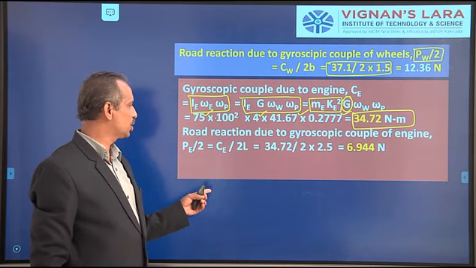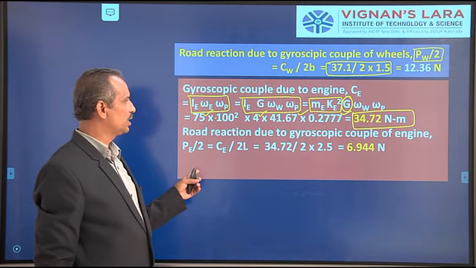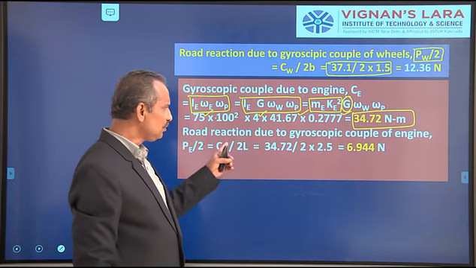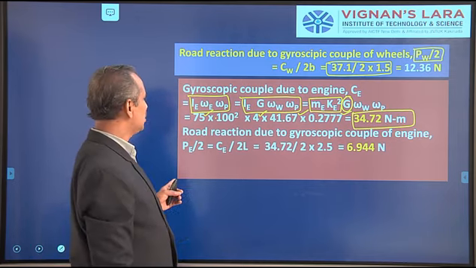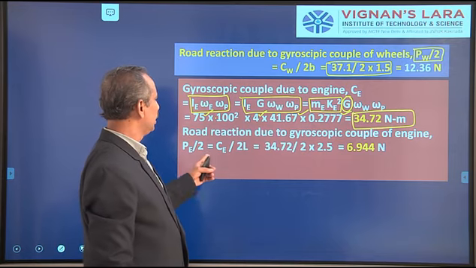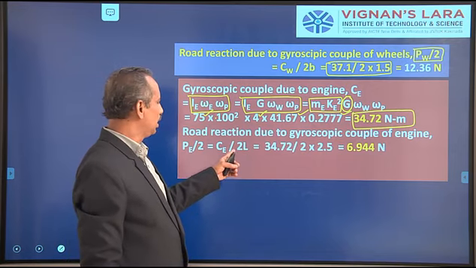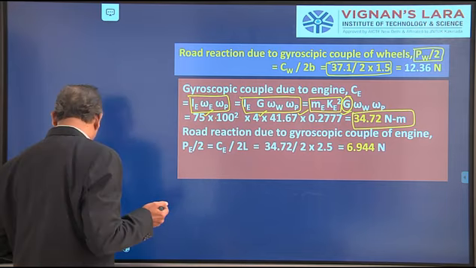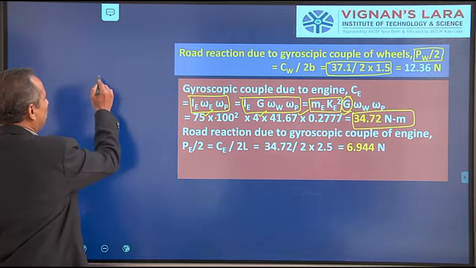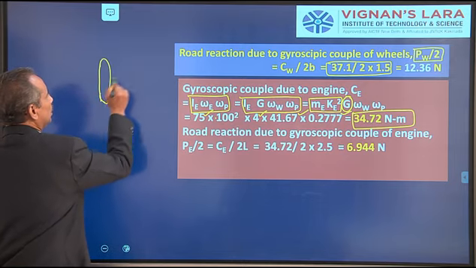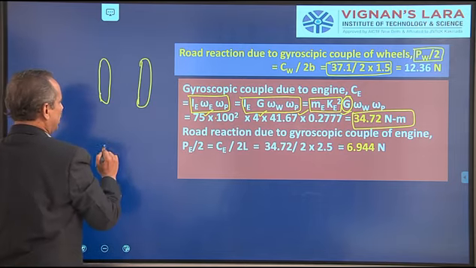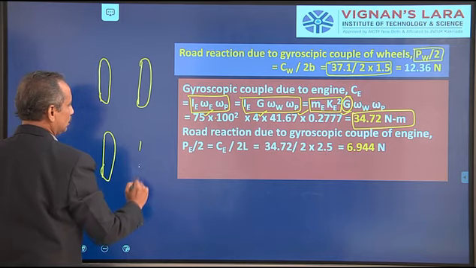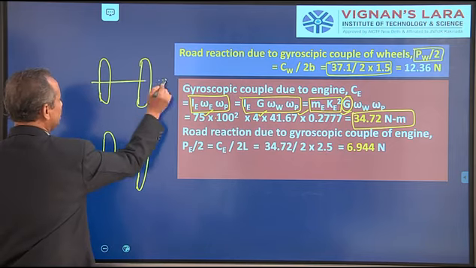This gives a reaction. How to find out this reaction? Look here. We calculate this by dividing by 2L. So what is the difference between the previous problem and this problem? Here these are the 4 wheels.